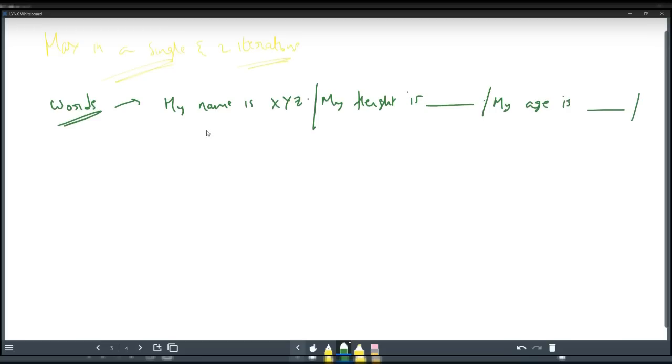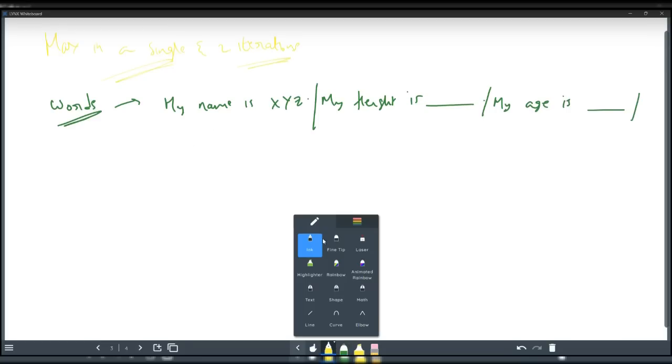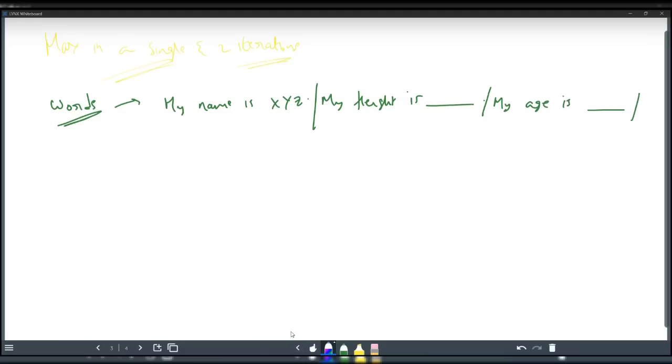So what do we need to do in order to find max here? We just need to go through each and every word, similar to what we did in all the previous cases and examples.